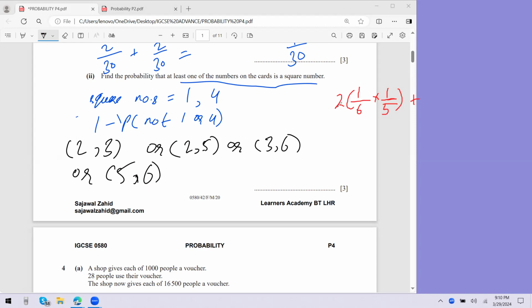Four twos are 8. We can just multiply with 8. So that will be 8 over 30. So 1 minus the probability of not being 1 or 4 is 1 minus 8 over 30, which is 22 over 30.